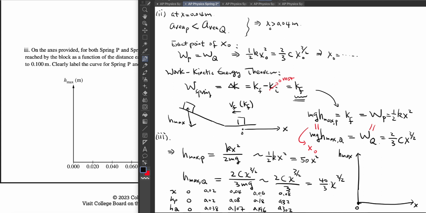So we have 0.02, 0.04, 0.06, 0.08, and actually one more, 0.1. So now I have 0.02, that's for HQ, and 0.08.